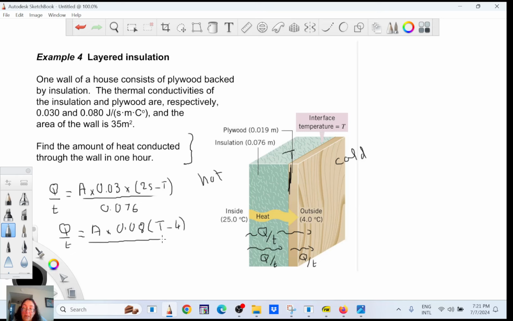And the width here is going to be 0.019. So you're going to say those two equations are equal to each other. You can cross out A, and you can solve for T. So it's just algebra. And I don't know if I did it.